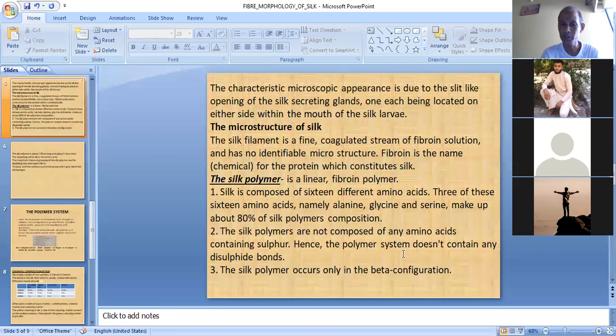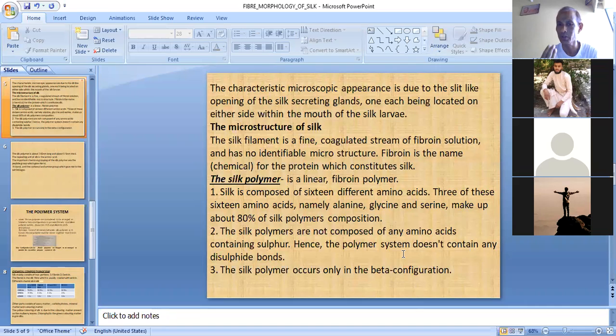Now something about silk polymer. The main 3 points we are covering here. Silk is composed of 16 different amino acids. Just like wool contains 18 different amino acids, silk contains 16 different amino acids. और उन 16 में जो 80% part है, that is covered by alanine, glycine and serine.